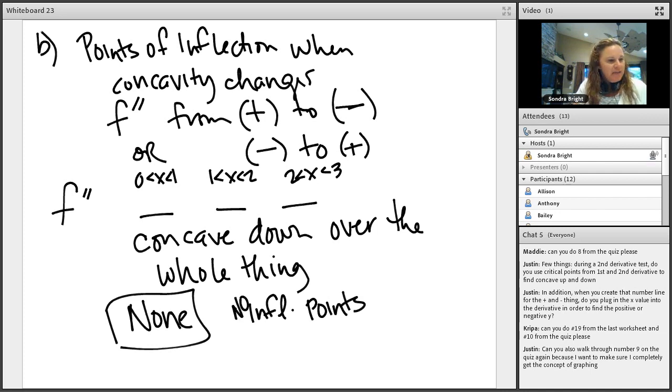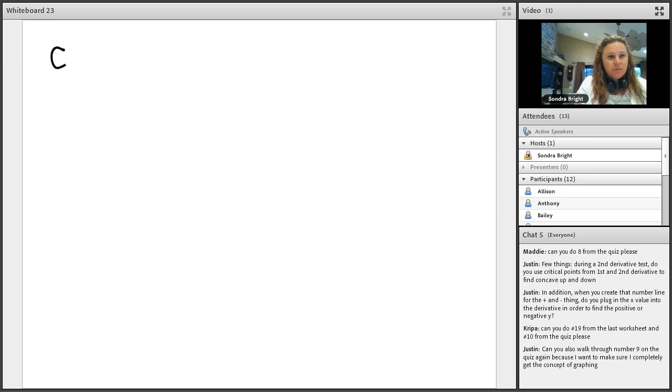So that was part B, and then to sketch a possible sketch, we definitely had some values that they gave us. So part C. So it gave us this, and a 1, 2, 3.